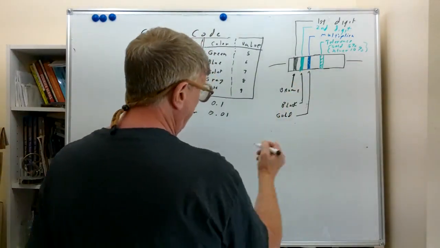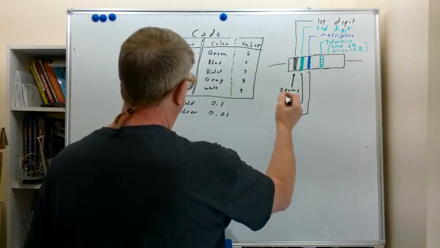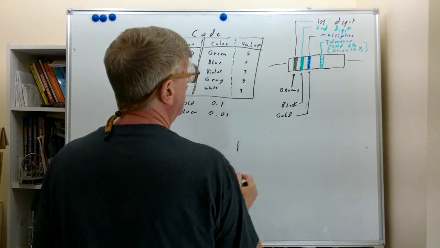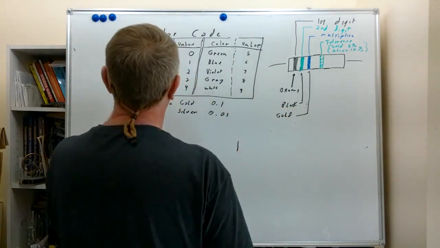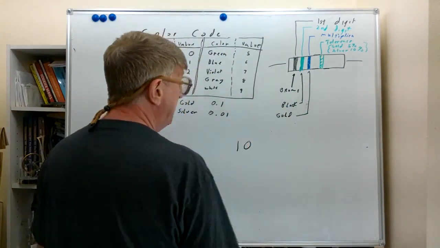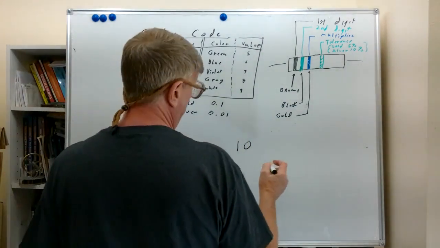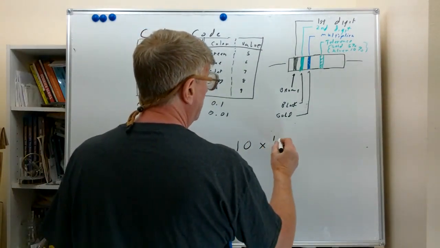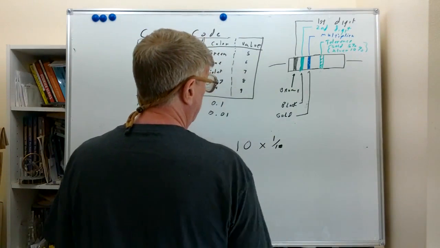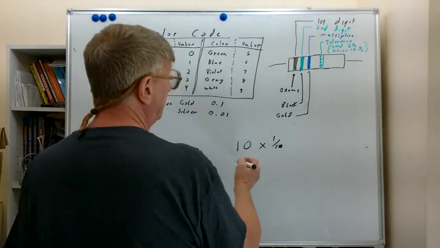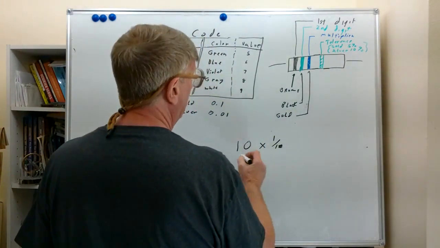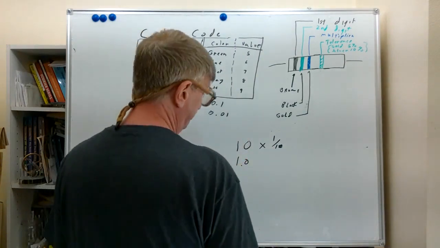So we took this same resistor, we had a brown, that's the 1, and the black, which is a 0, and we multiply this times 1/10, times 1 over 10, that becomes 1.0.